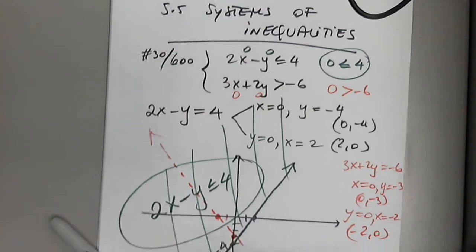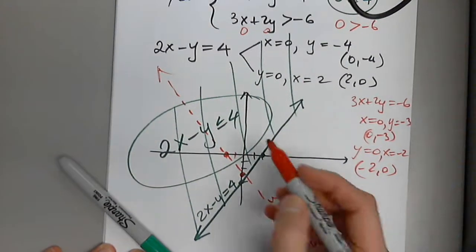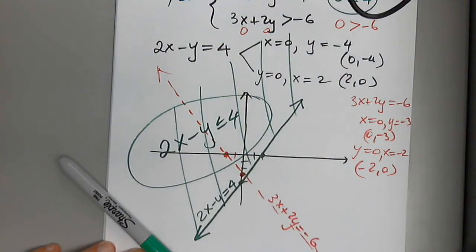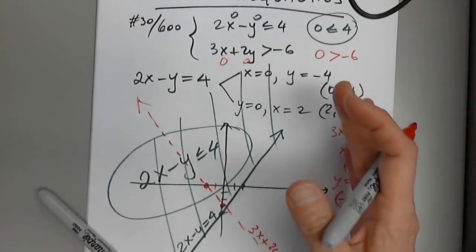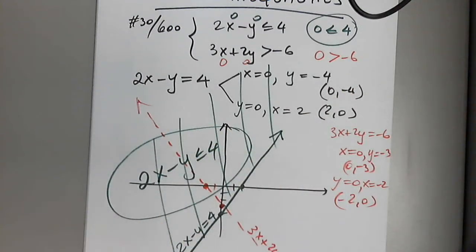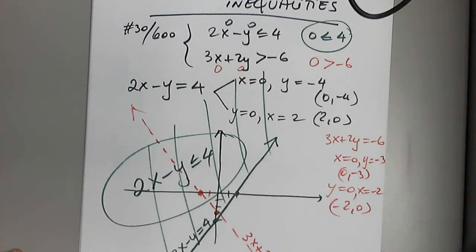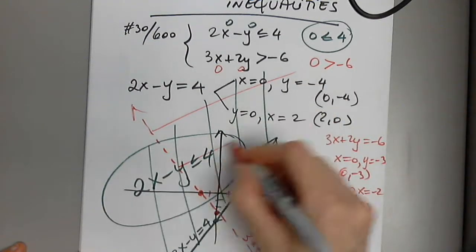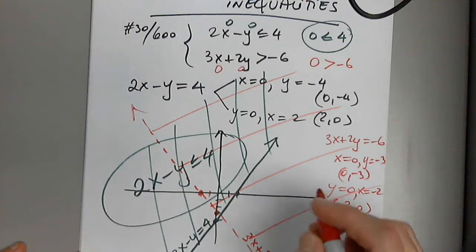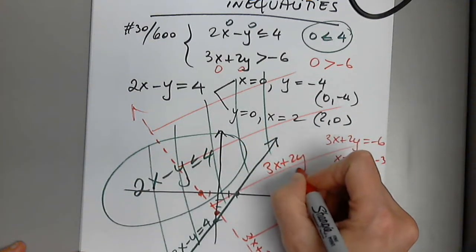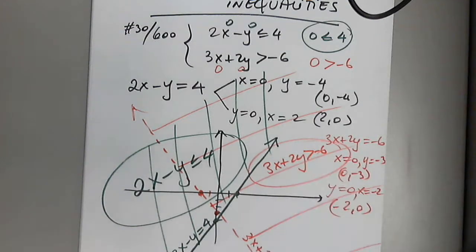If it is true, I will shade in the region that I checked by picking a point in that area. If it's false, then I will shade in the opposite. Is 0 greater than negative 6? Yes. Very good. So all this region, the red region, is 3x plus 2y greater than negative 6.